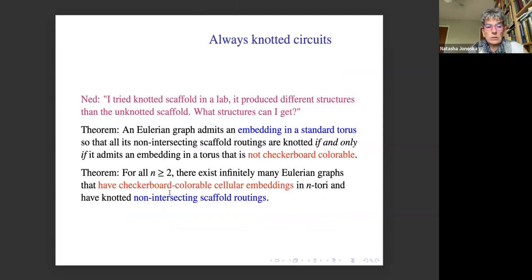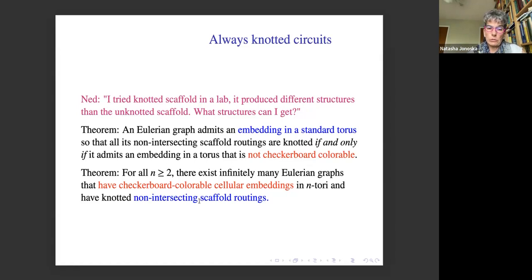So we looked at other observations. An Eulerian graph admits embedding in the standard torus, okay? So that all its non-intersecting scaffold routings are knotted if and only if it admits an embedding that is not checkerboard colorable. So if I have an embedding that is not checkerboard colorable, I can do a routing that is knotted.